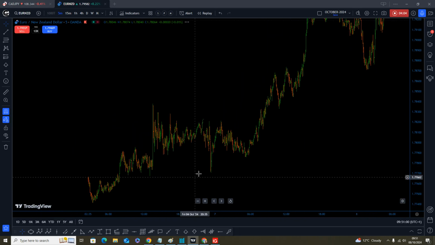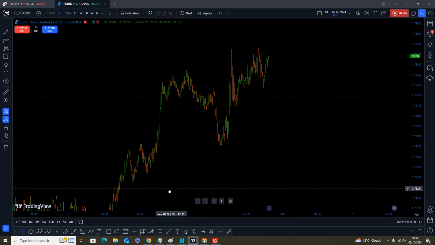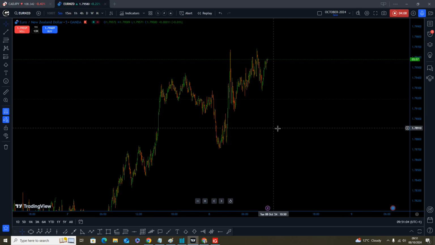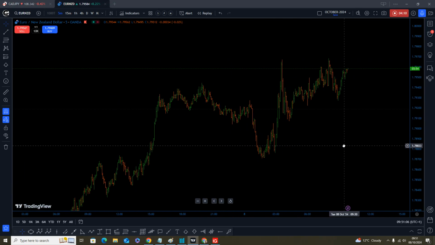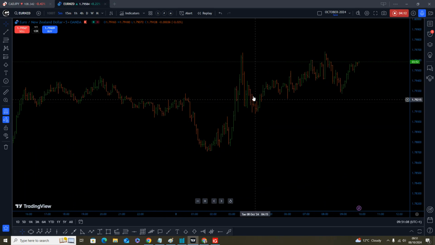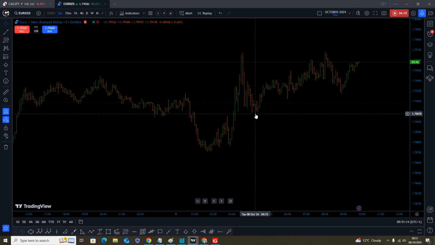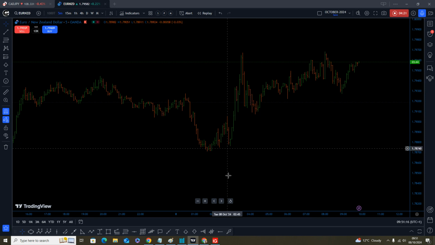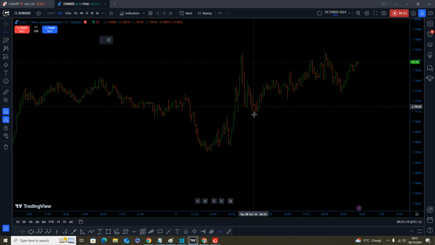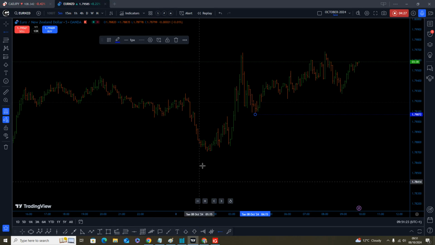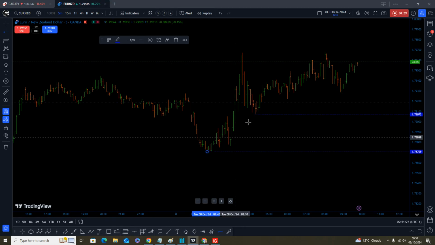Look at that. Since yesterday, I had two choices of which one to take, and I took the pound. So we have one, two. This is the structure. This is your structure. If we want to buy this, just keep it simple.